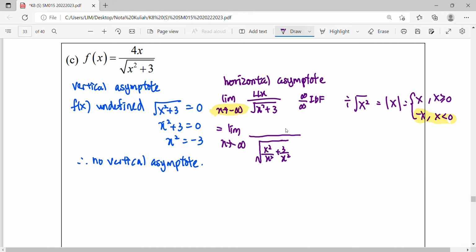So untuk bahagian pengangka, kita akan bahagi dengan negative x. Ataupun negatif tu boleh keluarkan, factorize kat luar, supaya senang nampak macam ni. Okay, simplify.